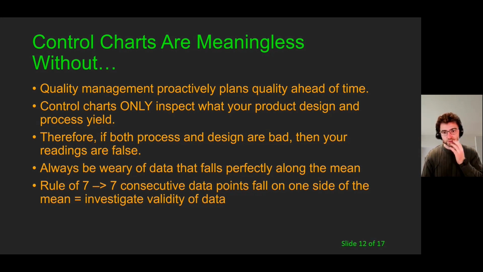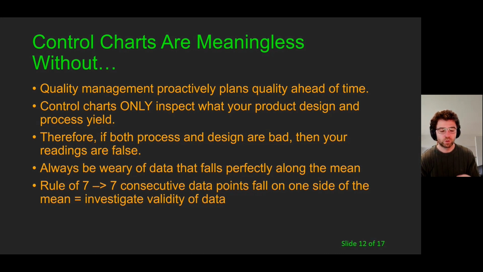In fact, this is where having applications in data science will clearly show that if your control charts are reading almost perfectly on the mean, something is terribly wrong, because you don't know for sure whether you're actually reading correctly.